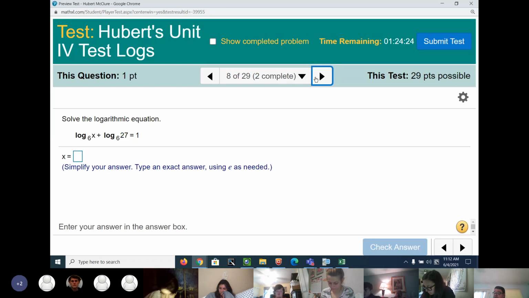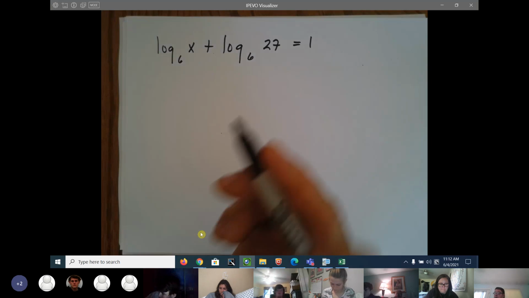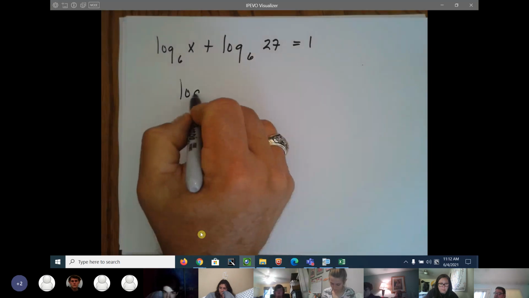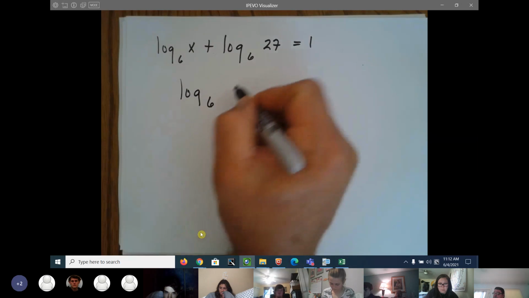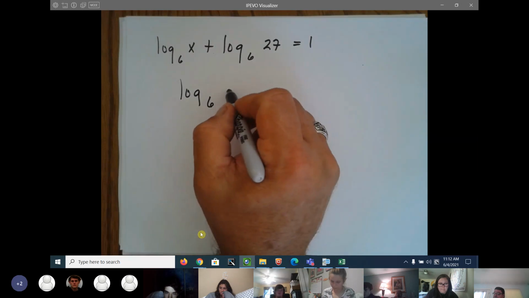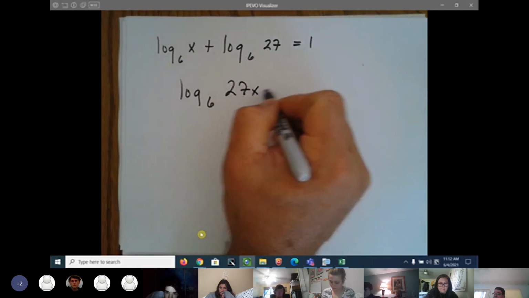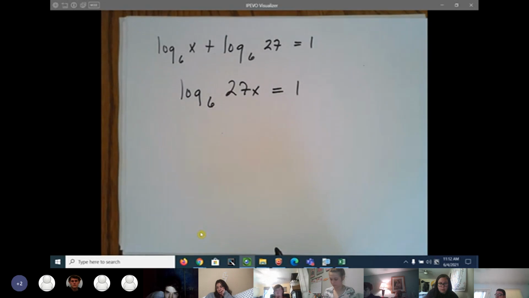So log base 6 of x plus log base 6 of 27 is equal to 1. And that's log base 6 of 27x is equal to 1.